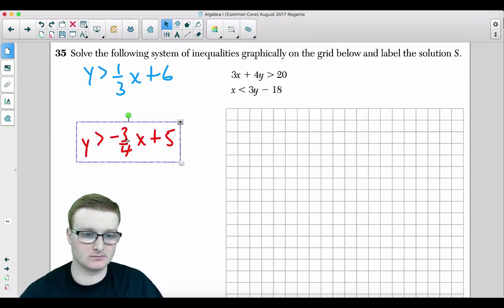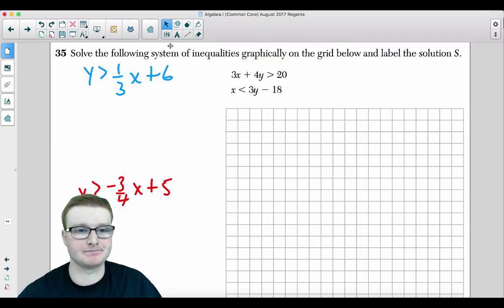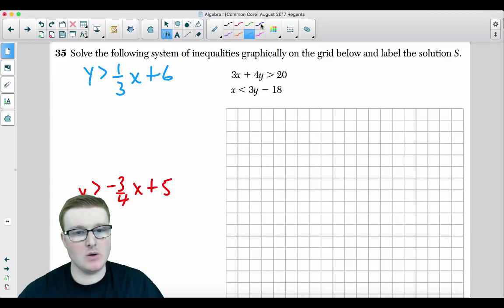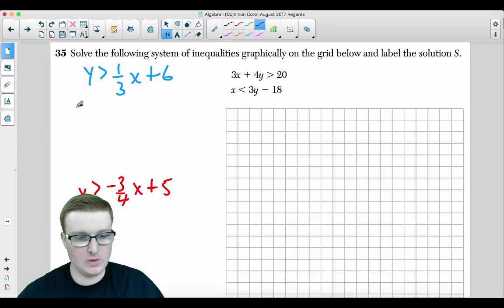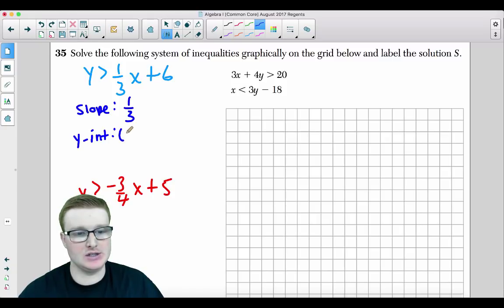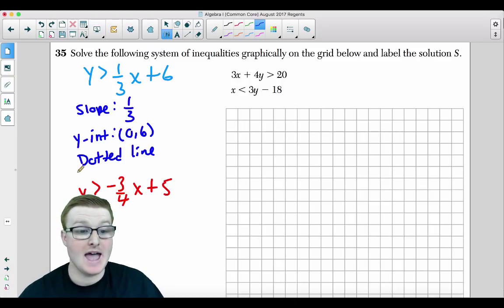So here we go. I am going to describe what this is saying, okay? So we know that the slope is 1/3. The y-intercept is (0,6). It is a dotted line because it's just greater than, not greater than or equal to.